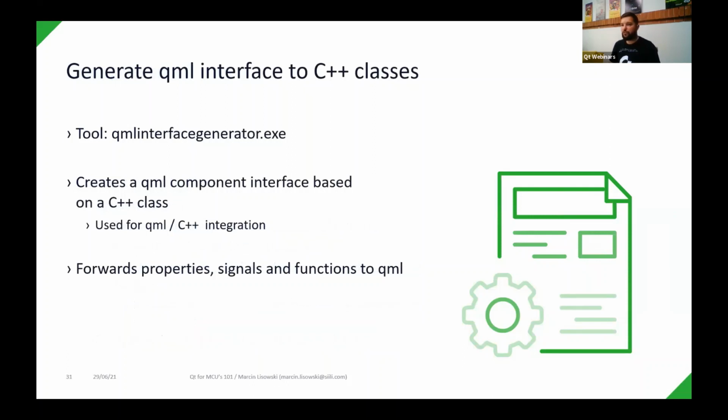QML interface generator is a tool to generate interfaces from the C++ to QML. This will be covered in detail, really in detail, tomorrow. But in general, this is the way of generating the interfaces to connect your QML with your C++.